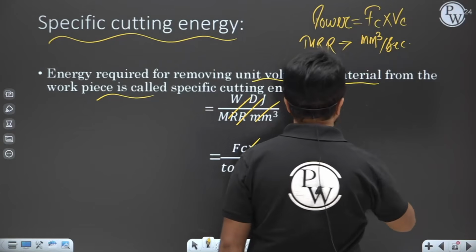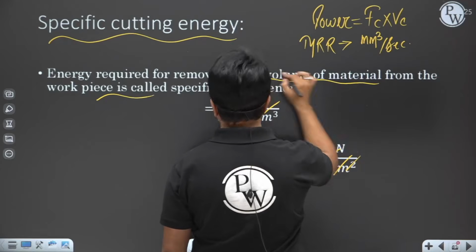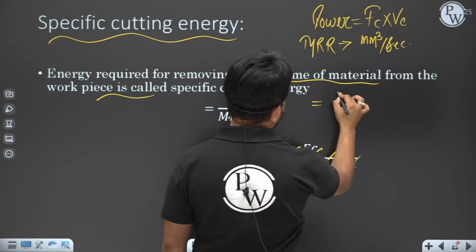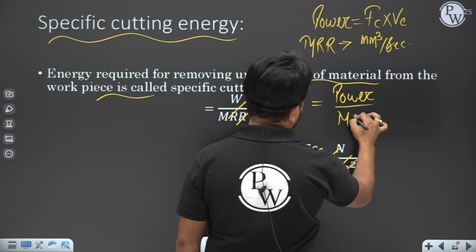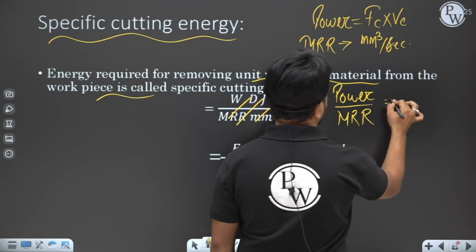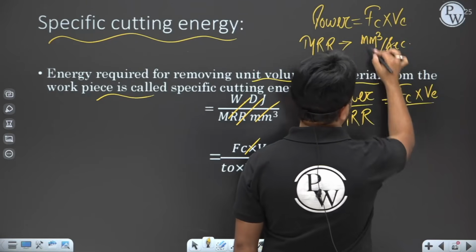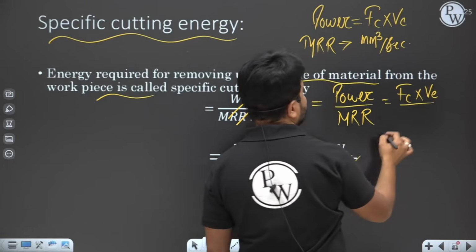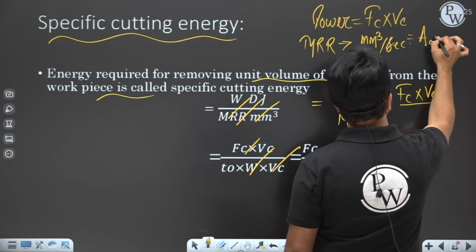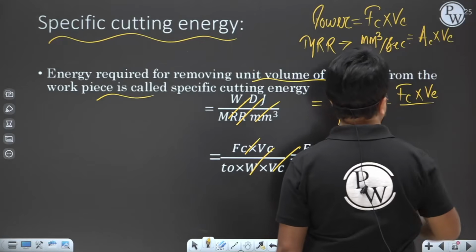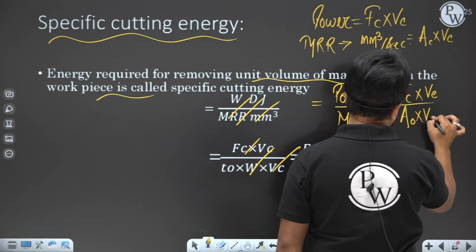What is the specific cutting power? It is power divided by MRR, and power is cutting force into cutting velocity, divided by material removal rate. Material removal rate is cross sectional area into cutting velocity.